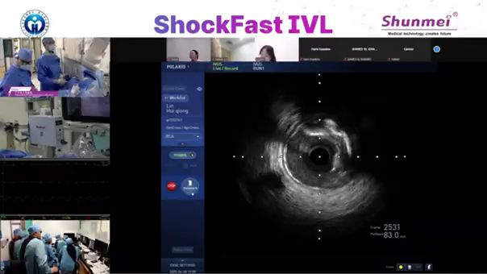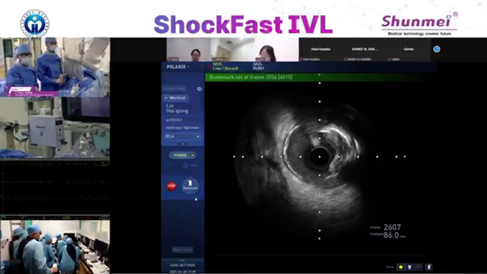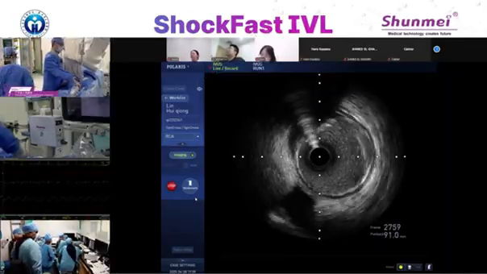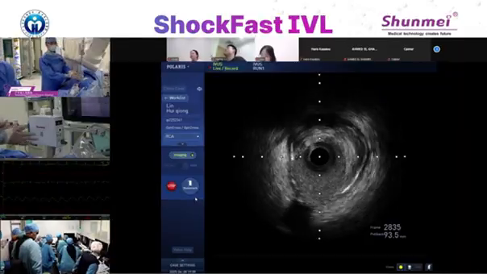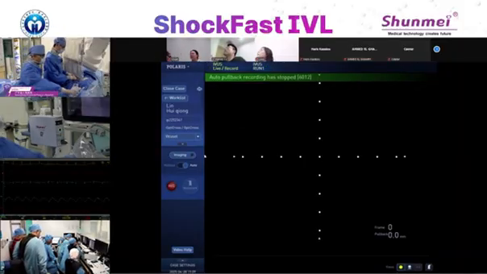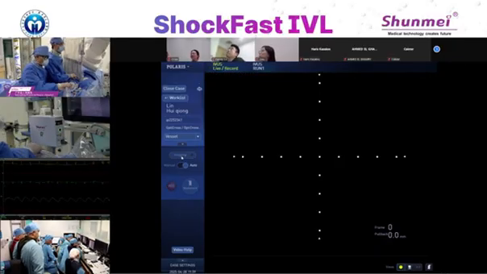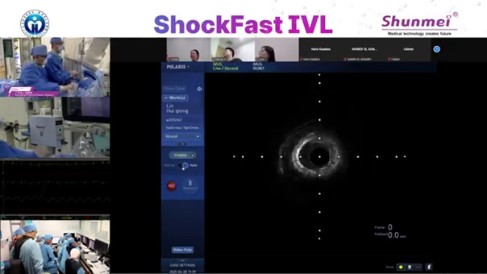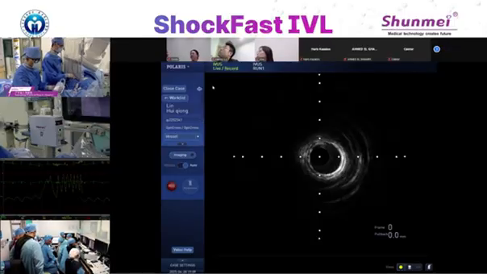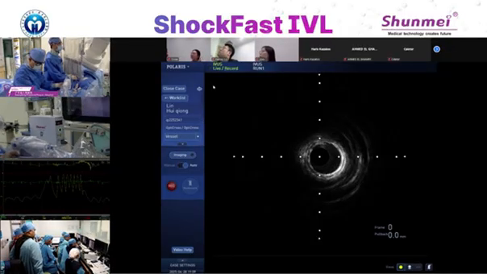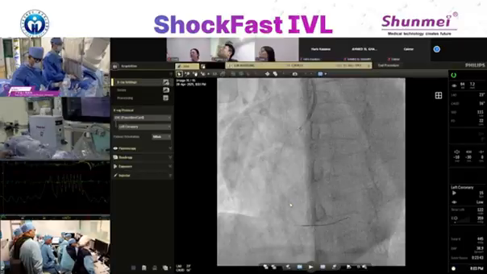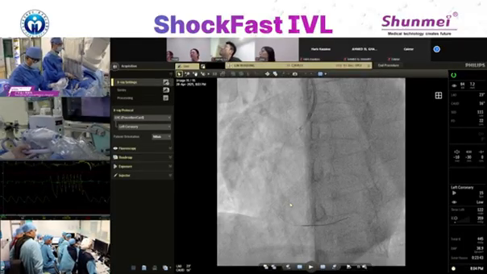Record here. Okay, I know. Okay, the pullback is finished. It went to the IVUS limitation. Oh, it's good again. I'm considering if we should go to shock the mid segment.